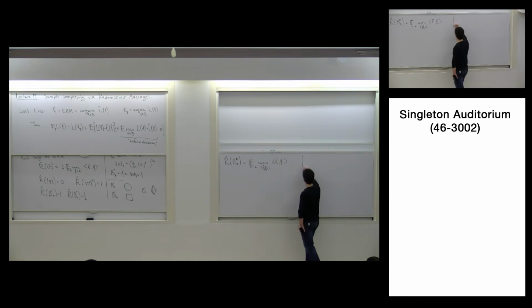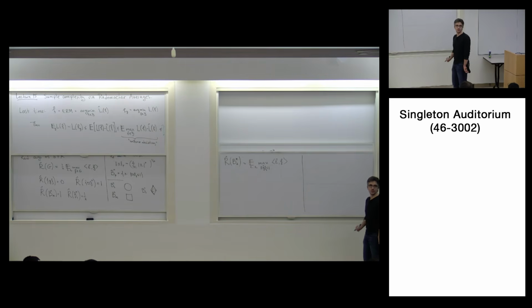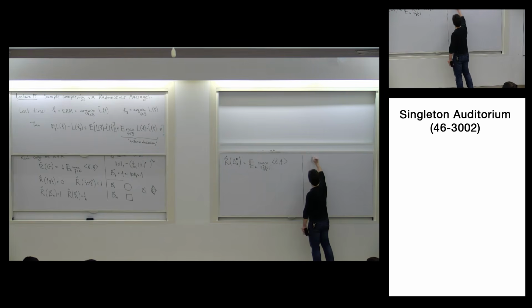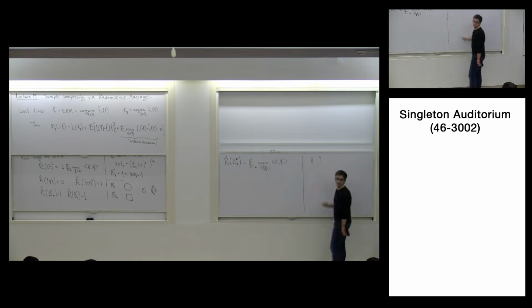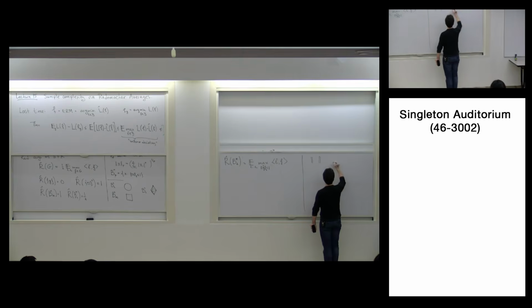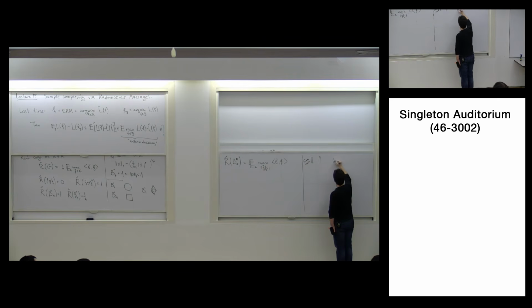Okay, what do I do next? It's a little bit more complicated, and so it's useful to know about duality in this case. So what is duality? Well, you give me a norm, I can give you a dual norm.